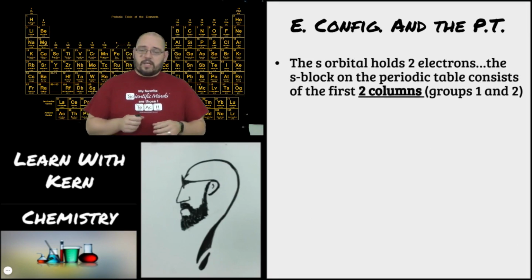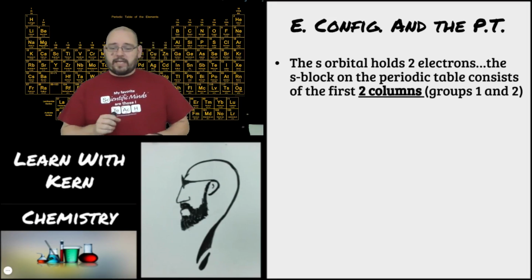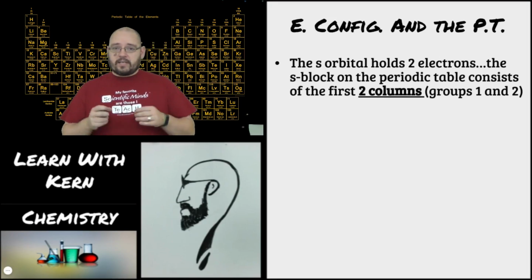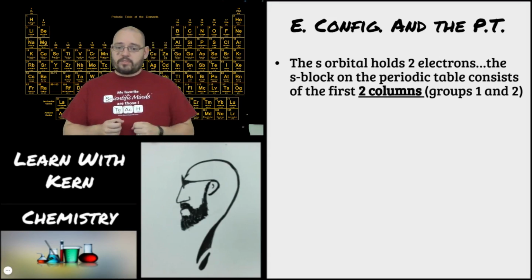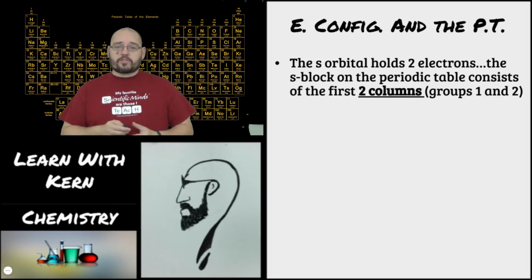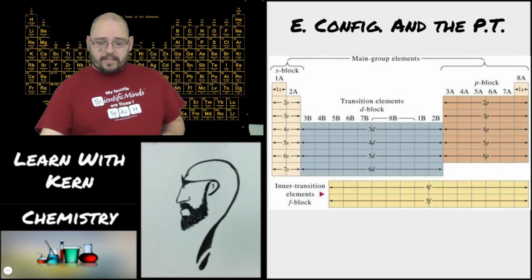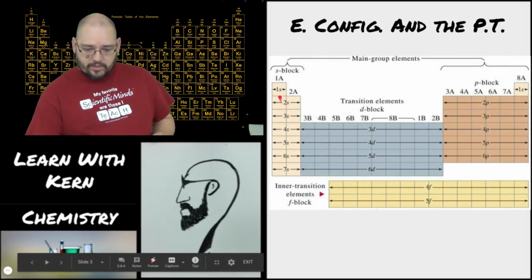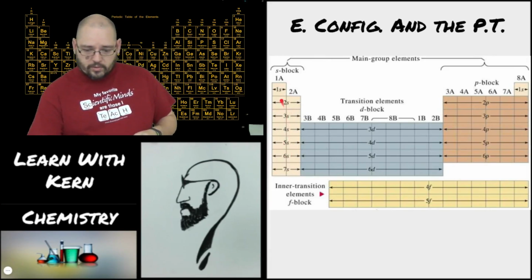All right, so if you remember, the s orbital can hold up to 2 electrons total because it has only one suborbital. Now the s block on the periodic table that we talked about consists of the first 2 groups, columns 1 and 2. So when you look at the periodic table here, groups 1 and 2 are the s block.